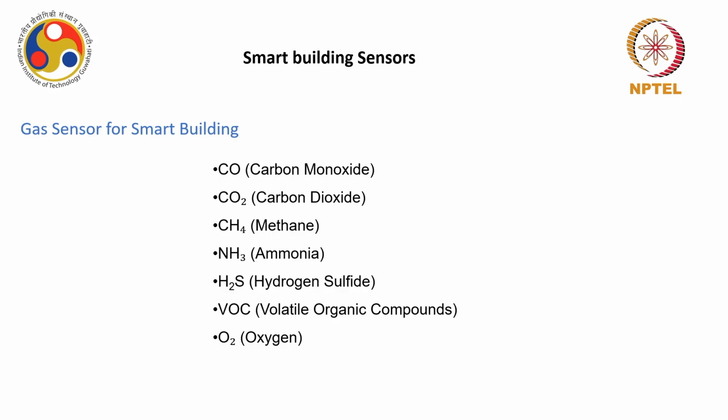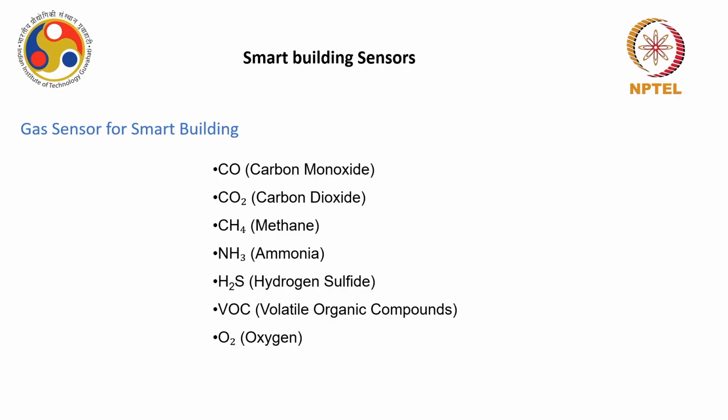You have ammonia getting generated inside smart buildings, so it has to be detected and controlled. Okay. Then hydrogen sulfide is another gas which can cause a lot of discomfort and can be toxic at higher levels. So, these kinds of gases have to be targeted for smart building applications. Then VOCs remain the utmost priority for detection in the gas sensing area, and of course, for better comfort the oxygen has to be monitored, right.